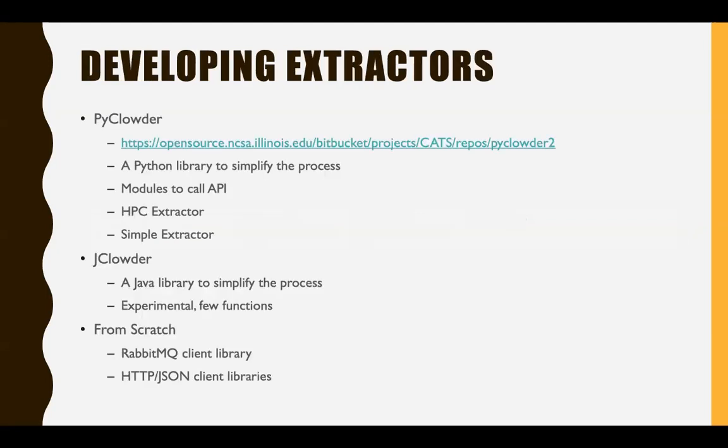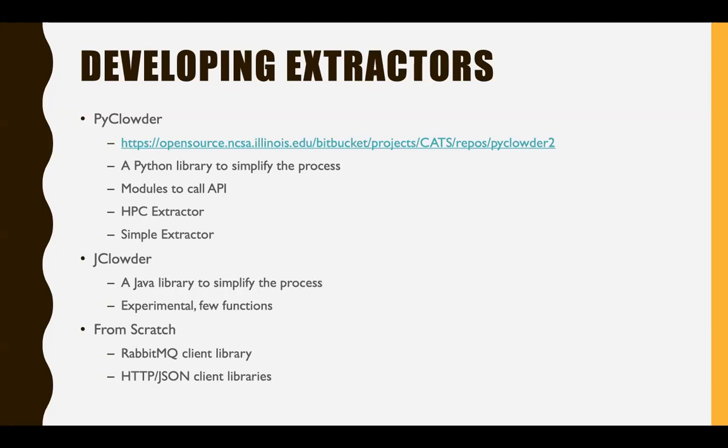So briefly, when it comes to developing extractors, we have some updates. Traditionally, we always told people that you can go and use the PyClowder library to develop extractors. This library is a Python library that has support for all the basic functionality of extractors. So we really encourage people to look at this library when developing a new extractor.